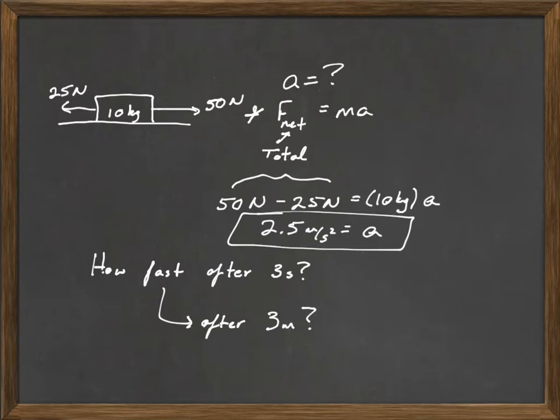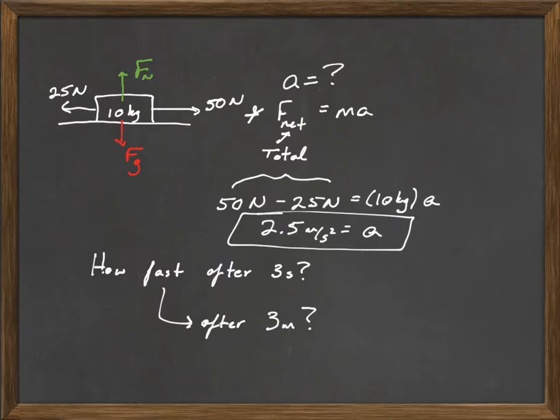Now, there is one force that we need to make sure we talk about a little bit. If we look at this picture, I only drew two forces, 50 newtons to the right and 25 to the left, but there's a couple of others that we've ignored when doing these problems. Because the object has mass, it is definitely being pulled down by a force due to gravity. And because it's touching a surface, there is definitely a normal force working against it.